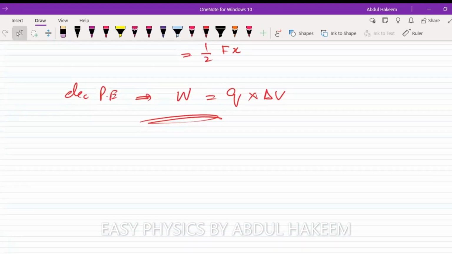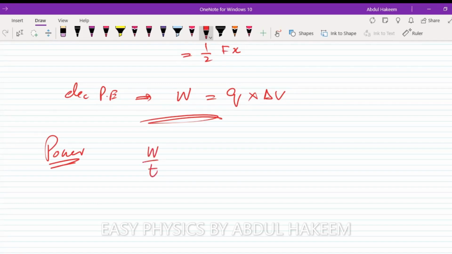And the next is power. Power is defined as work done per unit time. This is the definition: work done per unit time. So power is equal to work divided by time, energy divided by time.